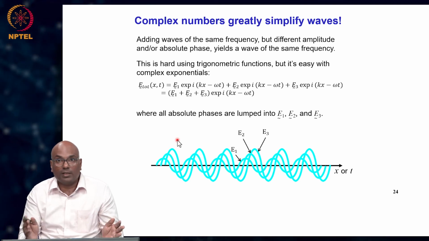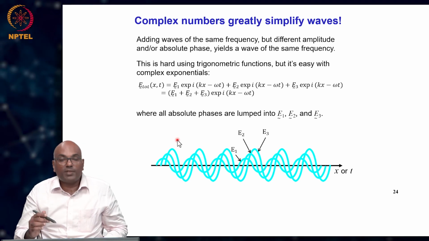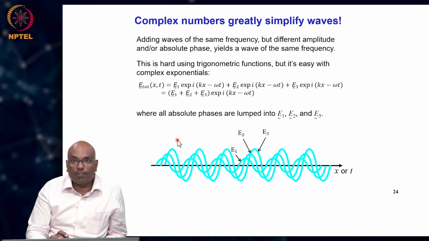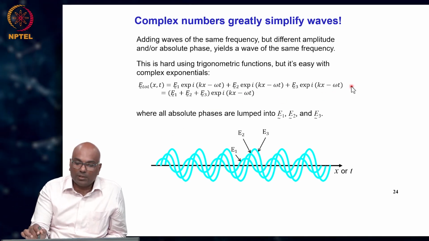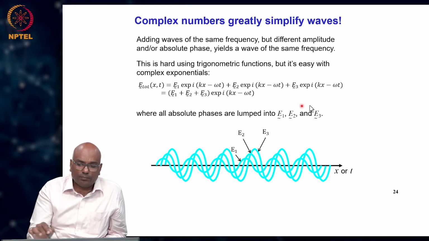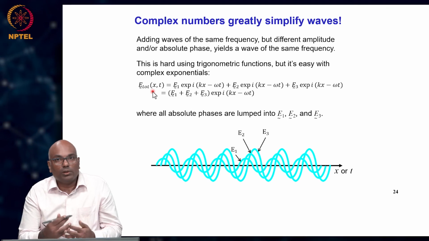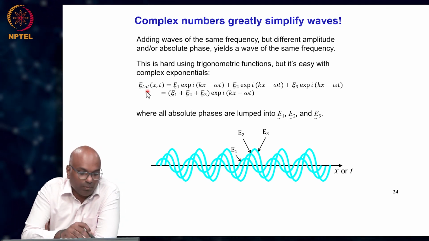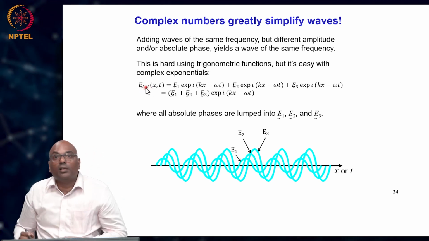They are not all identically equal to each other. These waves have some offsets or delays as the case may be, right? But then the complex notation very nicely captures the sum of all these three waves, which is also another electric field, right? This is also another complex or total electric field, E tot, as we have written down here.